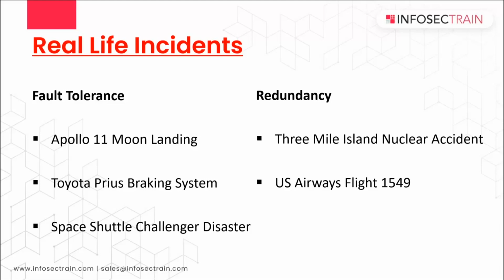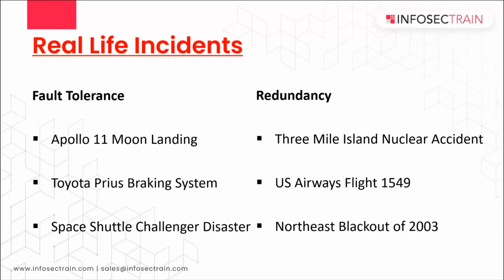So what about the next incident, which is the northeast blackout of 2003. In 2003, a power outage affected much of the northeastern United States and parts of Canada as well, and people started living without electricity for several days.